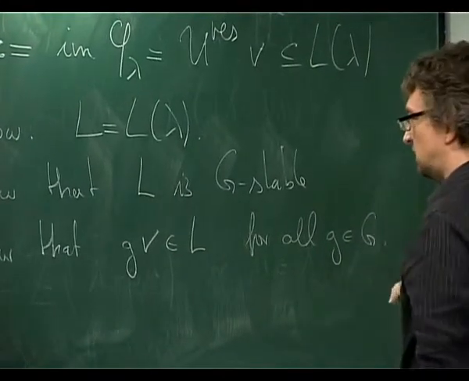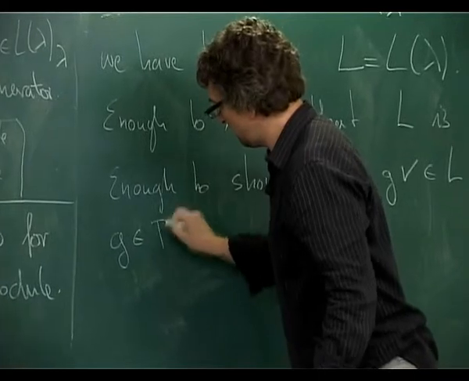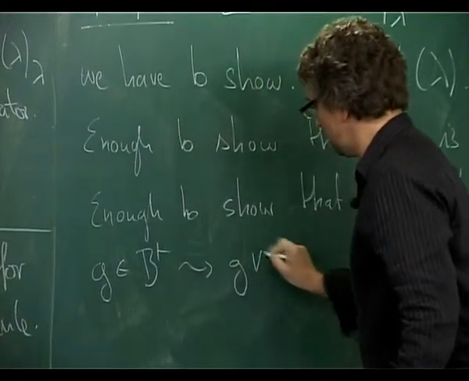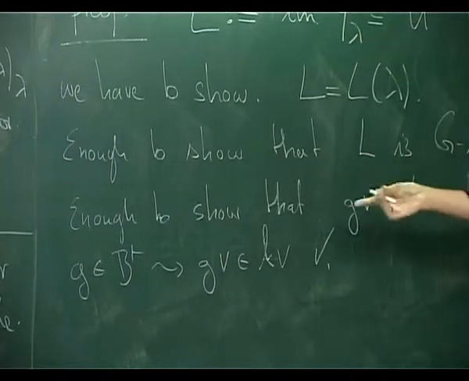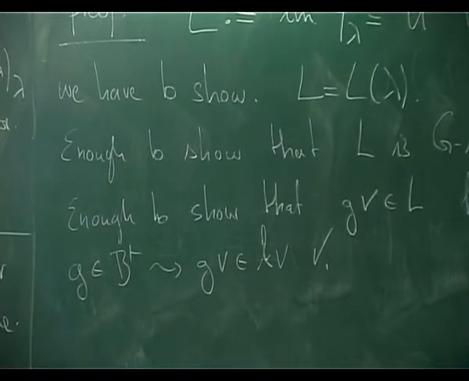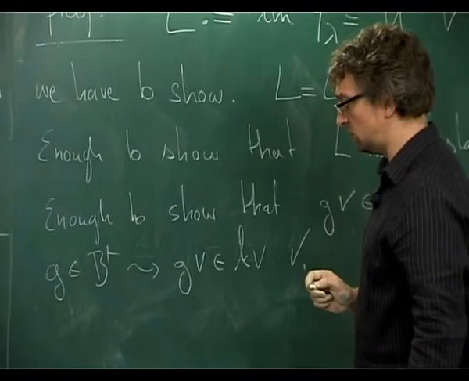So for g in B plus, gV is just a multiple of V, so this is okay. The Borel stabilizes this line. And now the Weyl group comes into play.